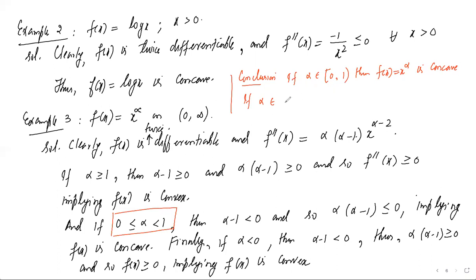So if alpha belongs to R minus the open interval 0 to 1, because when we put alpha equal to 0, then we will get f of x equal to 1. So let me write this clearly that this is the open interval 0 to 1. Then f of x equal to x power alpha is convex.